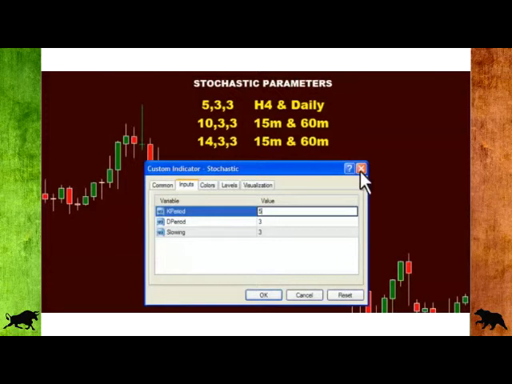Choosing which setting to use depends on the strategy one employs when trading with a stochastic and the type of trader they are. For instance, a scalper may elect to use a 14-3-3 stochastic on a 5-minute chart, whereas a long-term trader may elect to use a 5-3-3 on a daily chart. Practice by changing the settings to find a comfortable level.